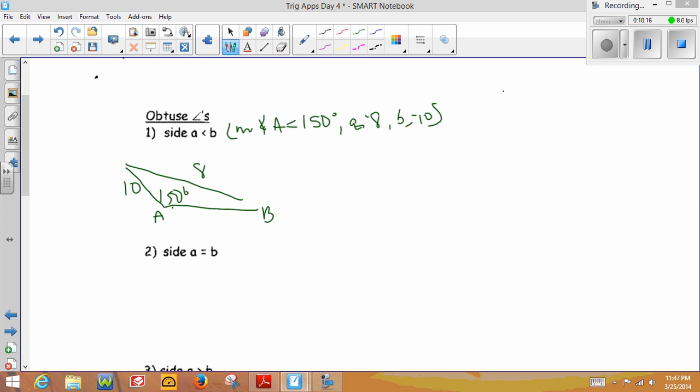So therefore this would be no triangles, because the largest angle needs to be across from the longest side.